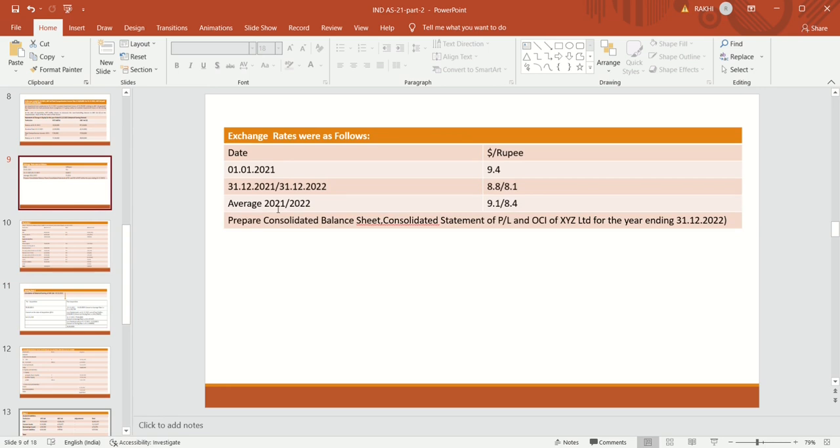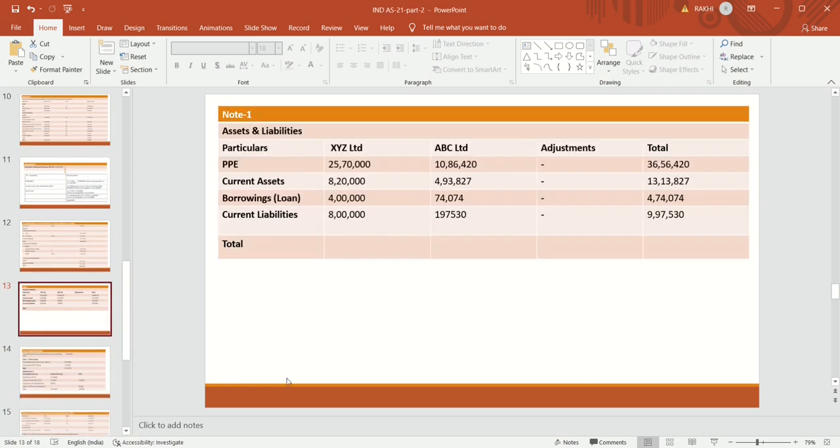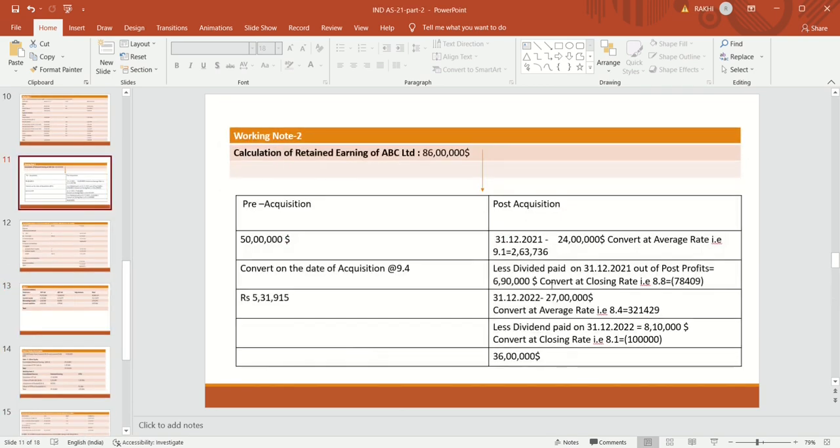The average rate of 2021 is 9.1. So 24 lakhs divided by 9.1 gives 2,63,736 rupees. Then from that profit, dividend is paid.